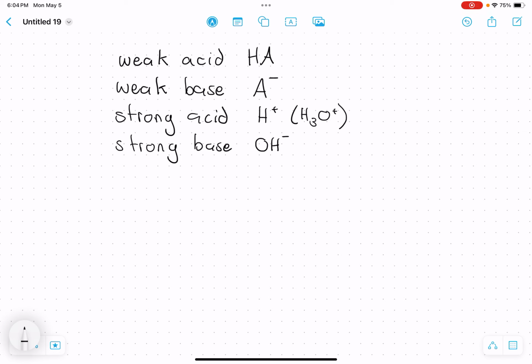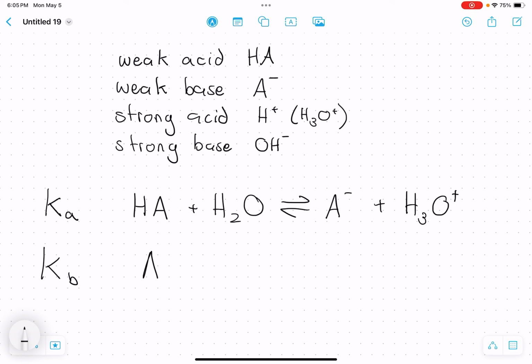So first thing, anytime you're using the Ka or the Kb, you have to follow a very standard way of writing the equation. So Ka is always HA plus water forming A minus and H3O plus.